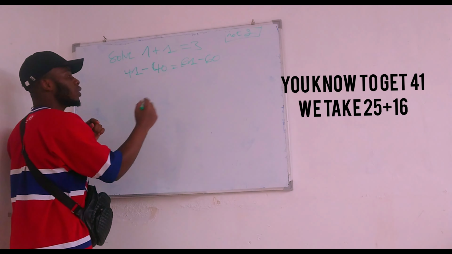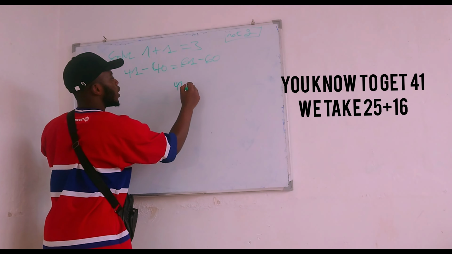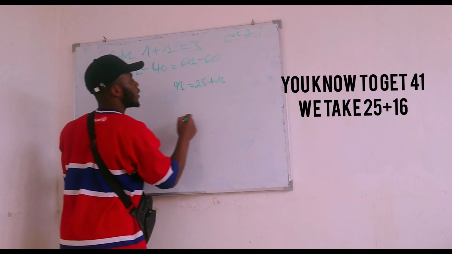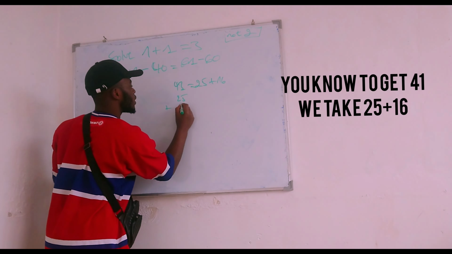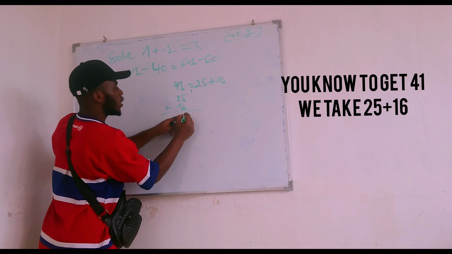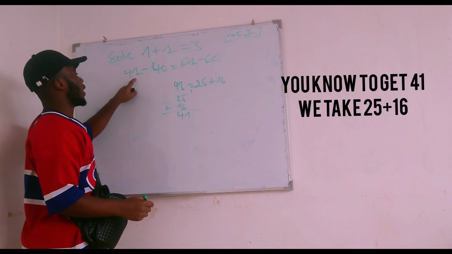You know, in order to get 41, we need to add 25 plus 16. 25 plus 16 equals 41.